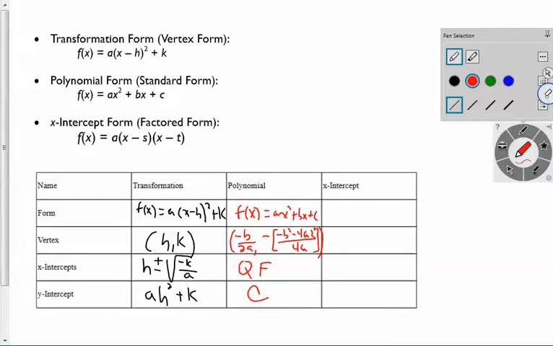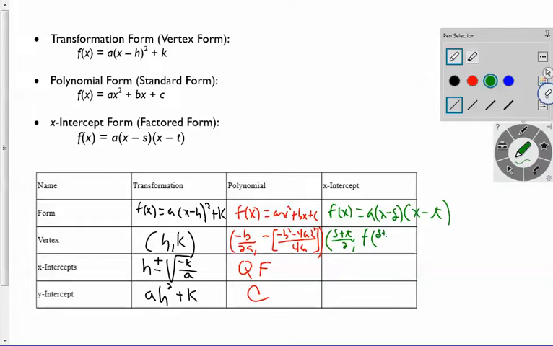The third form, the x-intercept form, is f of x equals a times x minus s times x minus t. To find the vertex, it is just s plus t all over 2, and then you find f of that.